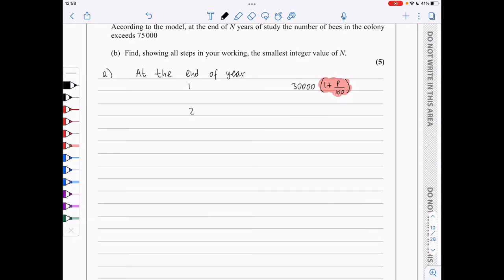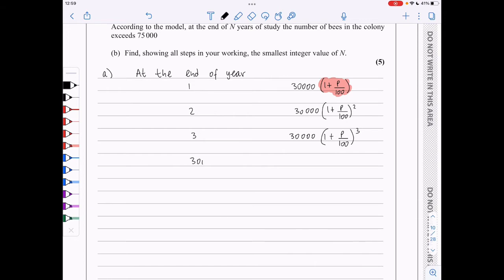So at the end of year 2, we have 30,000 times 1 plus p over 100 to the power of 2. And so at the end of year 3, it was 30,000 times 1 plus p over 100 to the power of 3.